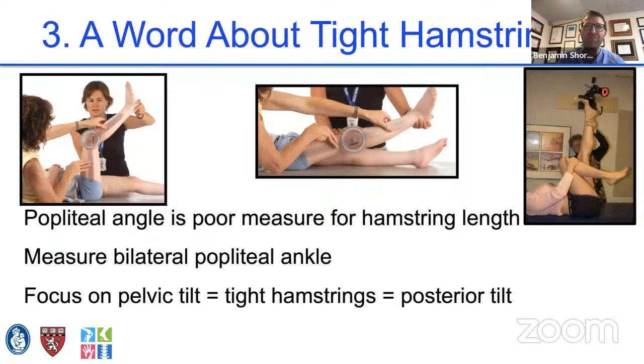Some people will suggest measuring unilateral versus bilateral hamstring length as a way to help differentiate how much the hip flexor tightness contributes to the pathophysiology around the knee. But as I mentioned before, I really try and focus on the tilt of the pelvis as a way to give me an idea of what's going on at the level of the hamstring.